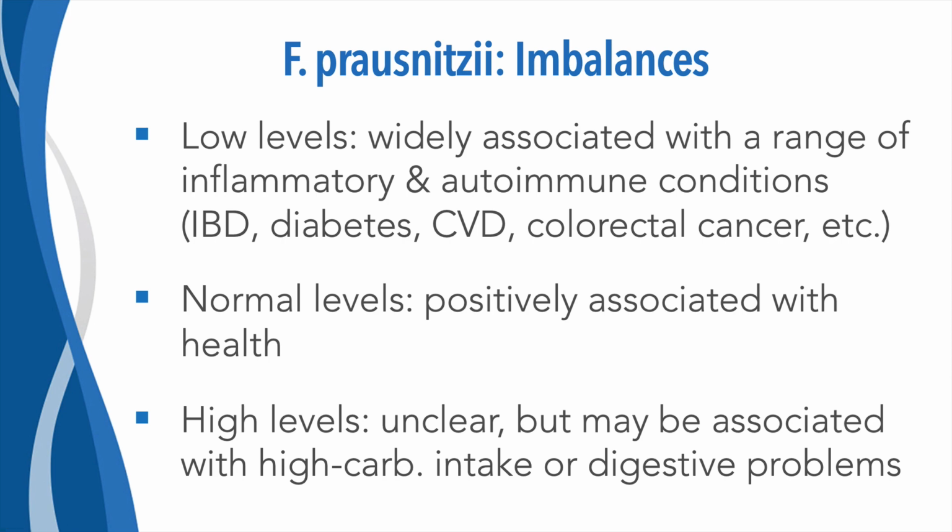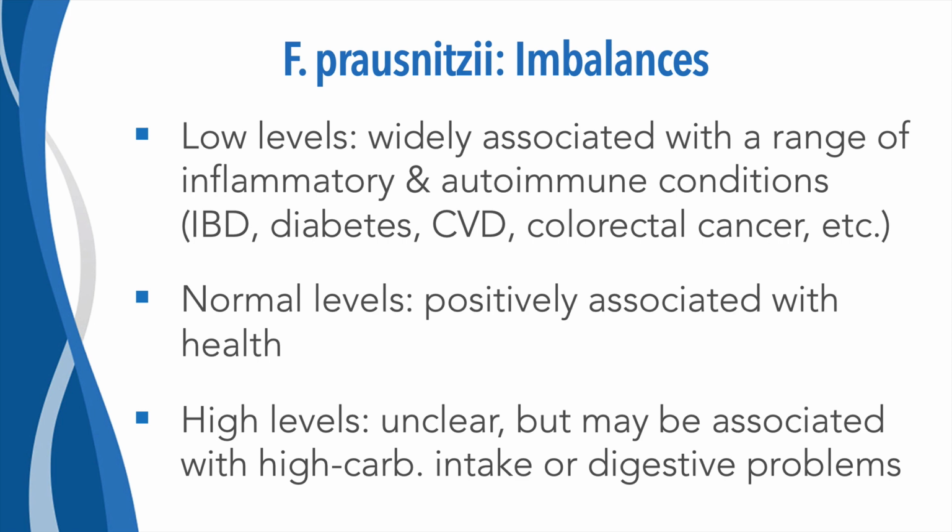This next slide summarizes some of what's known about associations between imbalances in Fusobacterium and various diseases. Most of those associations have to do with relatively low levels in individuals that have various inflammatory and autoimmune conditions.